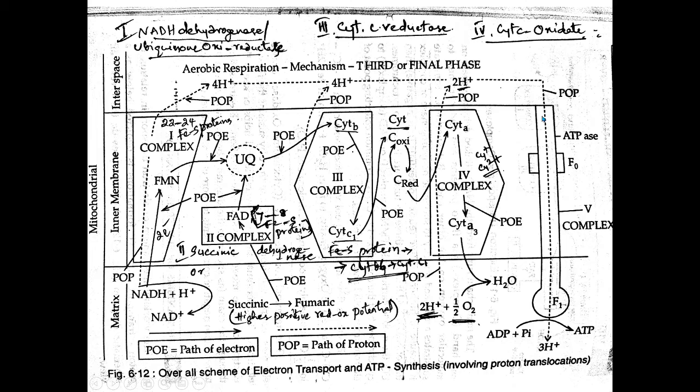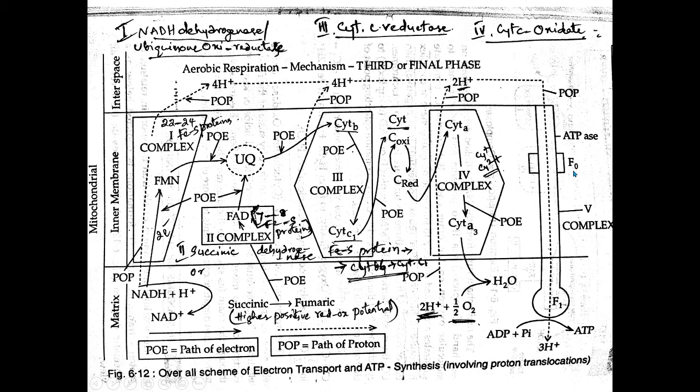Here this is F0. F0 is a long stalk which is embedded in the inner membrane, and this is the F1 head-like structure, a round spherical head-like structure which is projected into the mitochondrial matrix. This is the F1 part of ATP synthase, and this is the F0 part.